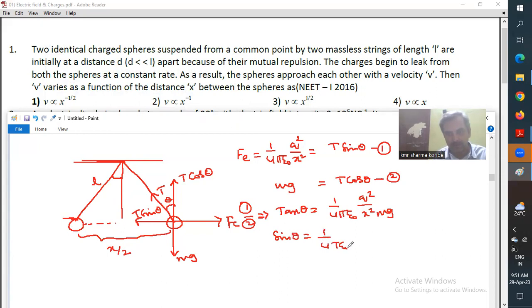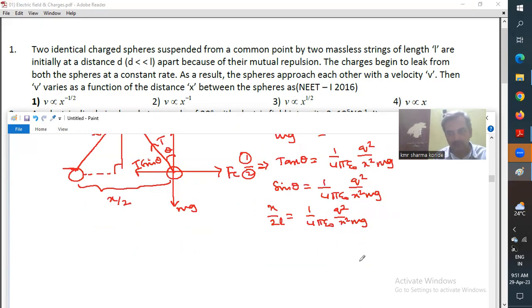Sin theta is opposite by hypotenuse, that will be x by 2 divided by L, so you can multiply L with 2. So this is going to be 1 by 4 pi epsilon naught q square by x square with mg.